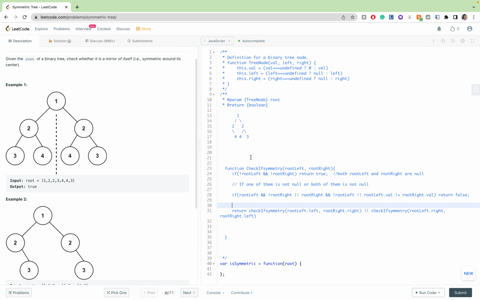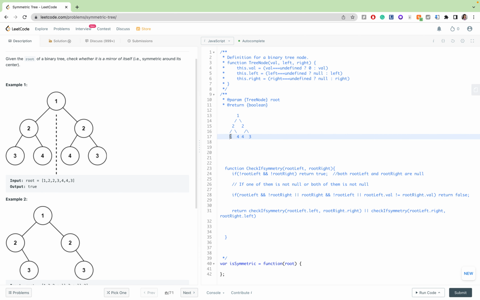And at last, if both of them are not null and both of them are equal, then we would look at its left and right values. Okay, suppose in this case, if this is 3, so 2's left is 3, 2's right is 3, so these are equal.